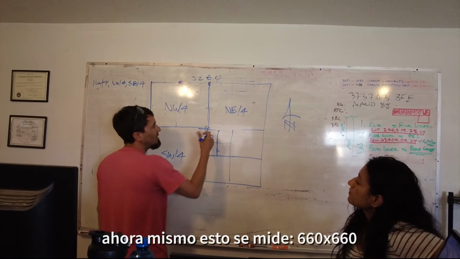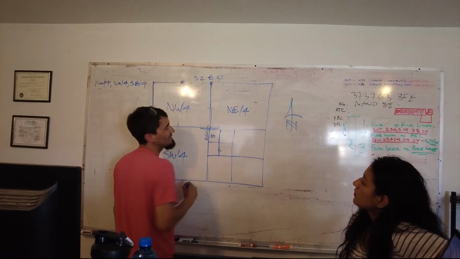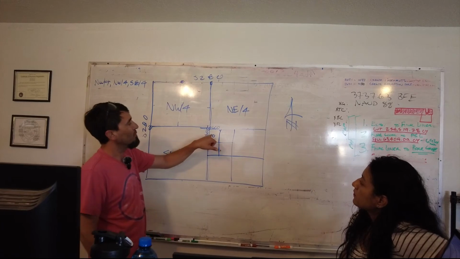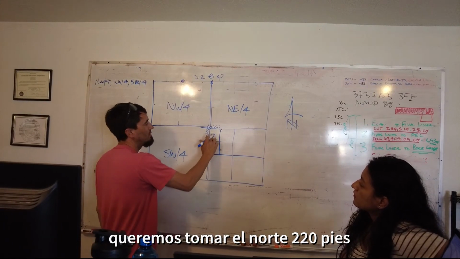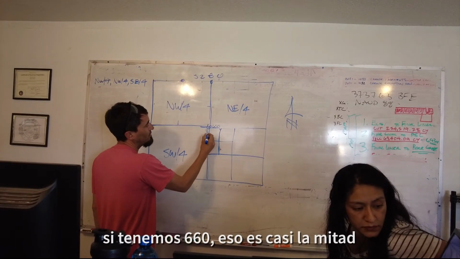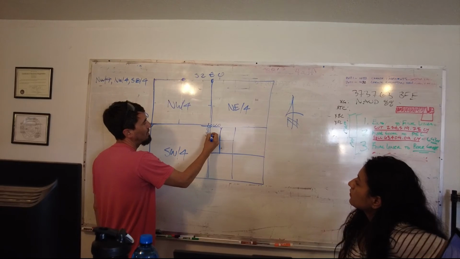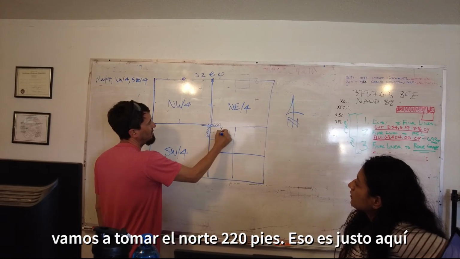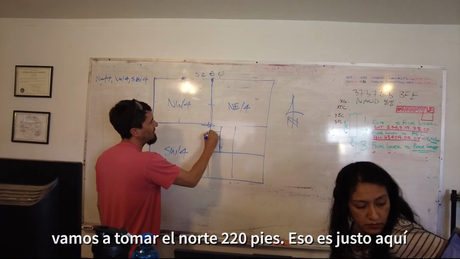So right now this is measured 660 by 660. Yeah, that makes sense. So we want to take the north 222 feet, right? If we have 660, that's a little shy of half, right? So right here is where we're going to take the north 222 feet.